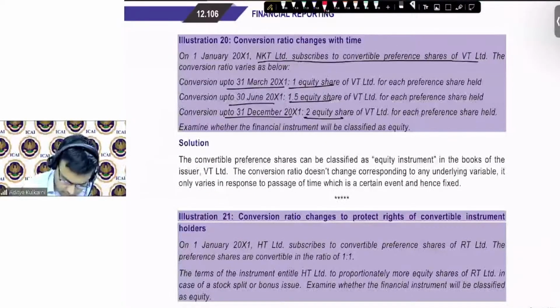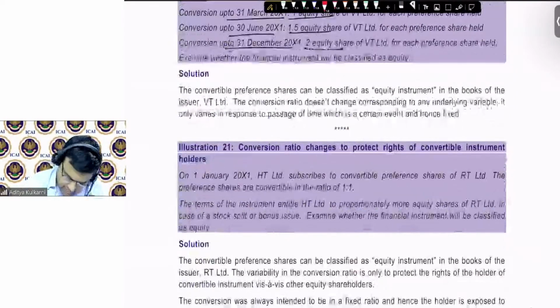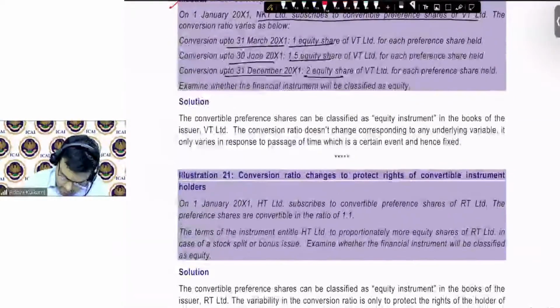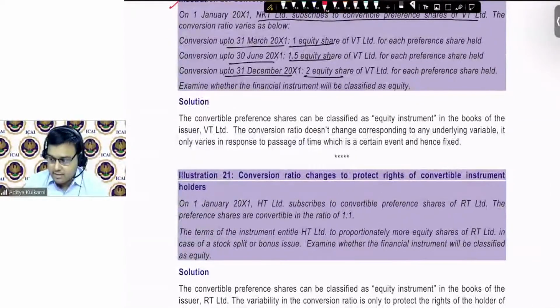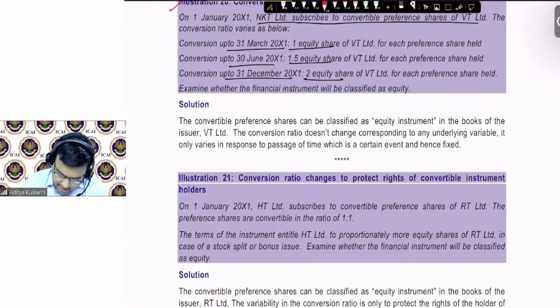Okay, all right. So illustration 20 we did. Illustration 21: HT Limited, coming back to the third exception. On 1st January, HT Limited subscribes to convertible preference shares, convertible in the ratio of 1:1.